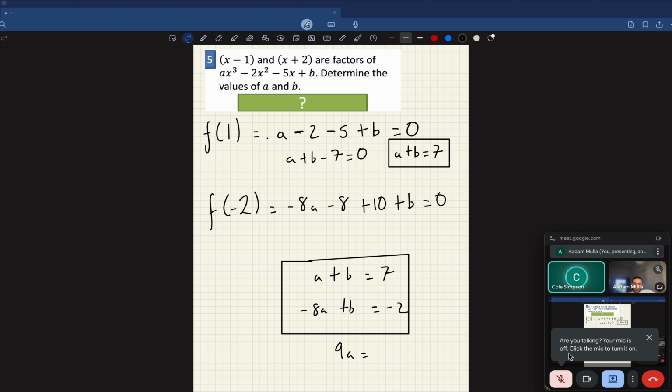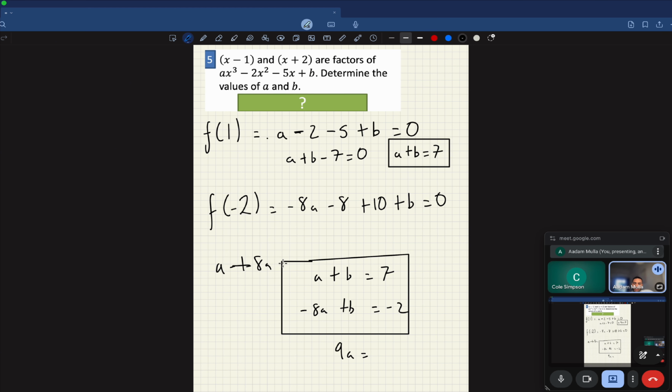What would 8a minus 8a be? You got a minus negative 8a. So what does that become? Is it just positive 8? Yeah, it's plus 8. A plus 8a, which is 9a.